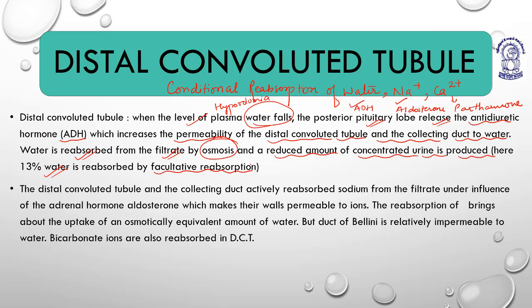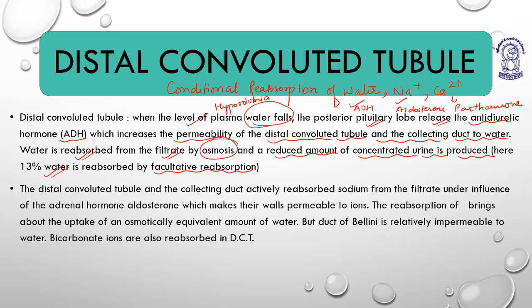So when the level of plasma water falls, it means the water is less in the filtrate. The water level is low, the urine is concentrated. The posterior pituitary releases the antidiuretic hormone, which increases the permeability of distal convoluted tubule and collecting duct to water.